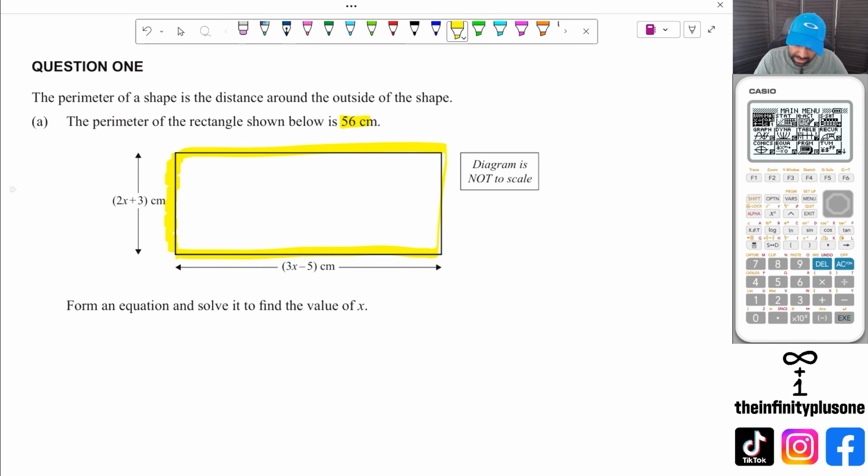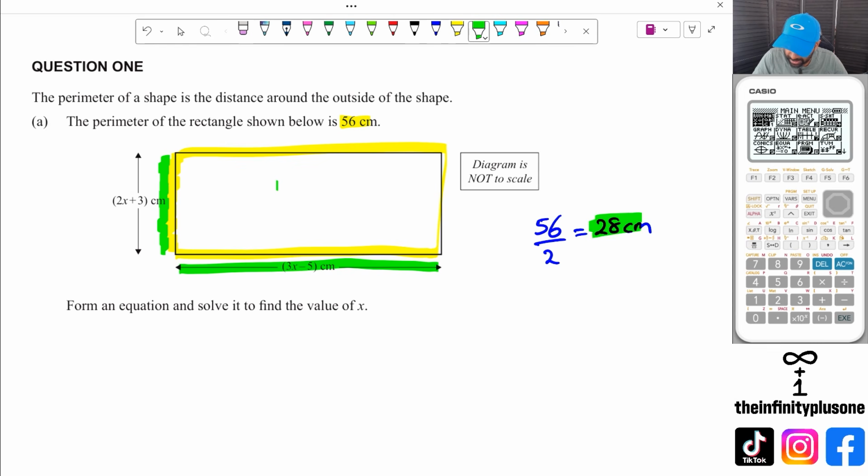Because the yellow is worth 56, we can say the two green parts are 28, because 56 divided by 2 is 28. So either method you can do. I'm going to do the 56 divided by 2 first to get 28 centimeters. So in other words, the green part is worth 28 centimeters.